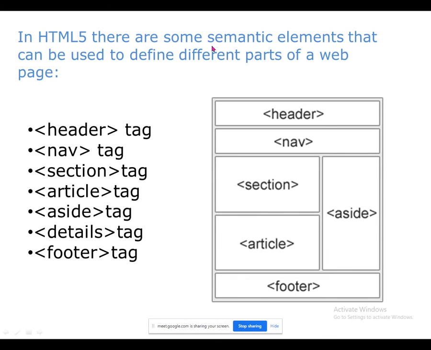So semantic elements are basically used to create different parts of our website and to manage its layout. Why create different parts? To manage a number of pieces of information on a single page.